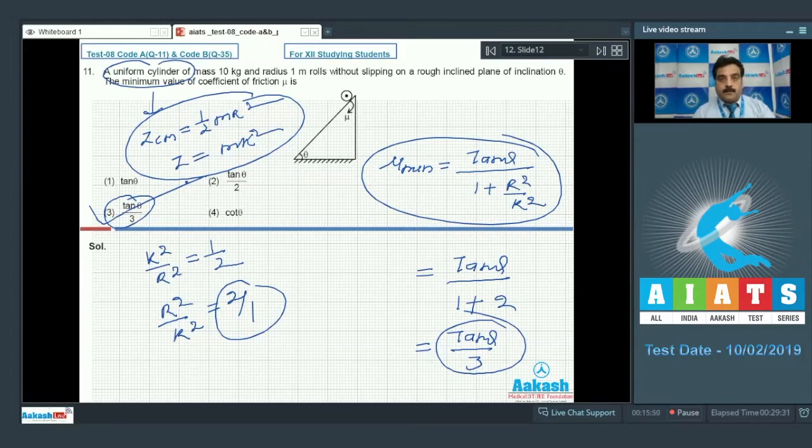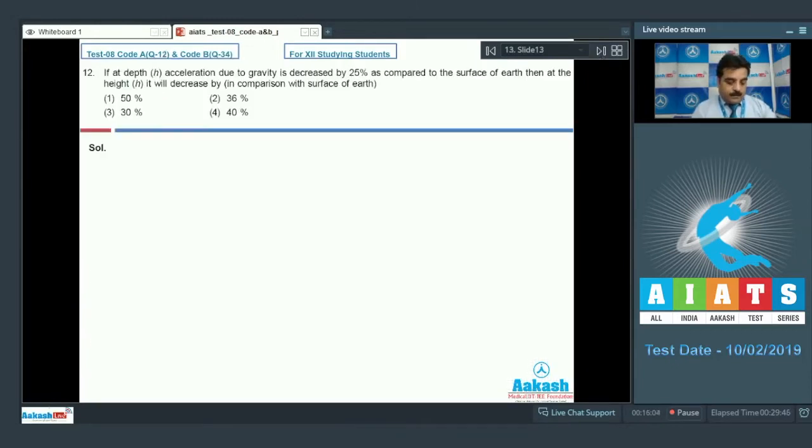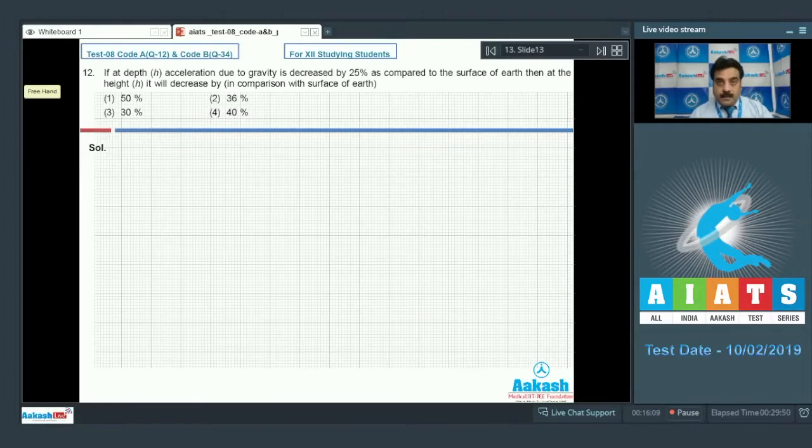Let's move on to question number 12. In question number 12, at depth h the acceleration due to gravity decreases by 25% as compared to the surface of the earth. So you can compare with the value of g at the surface.